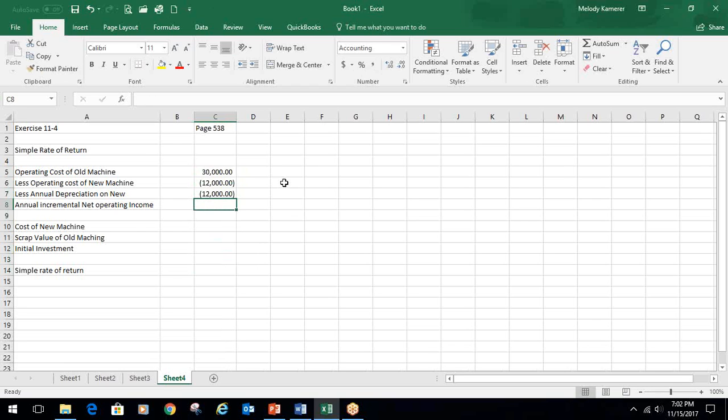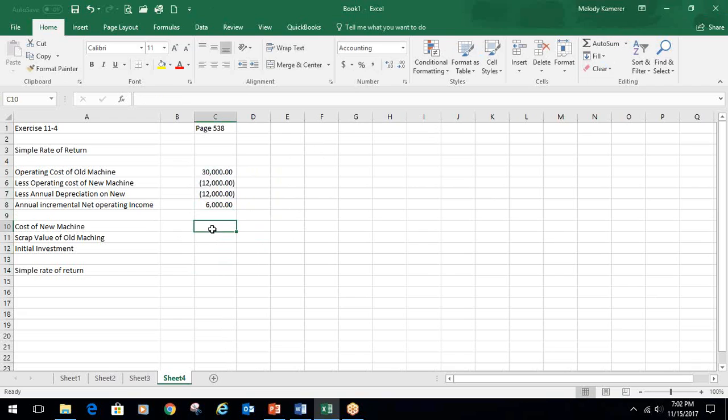So the annual incremental net operating income is the total of those three items. So we're going to have additional net operating income of $6,000.